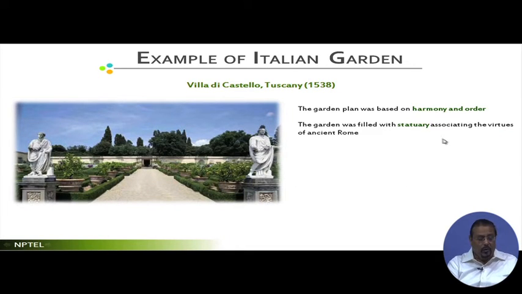The garden was filled with lots of statuary, historical, as well as to highlight the actions of somebody, or maybe they wanted to appreciate somebody. That's what they have done.